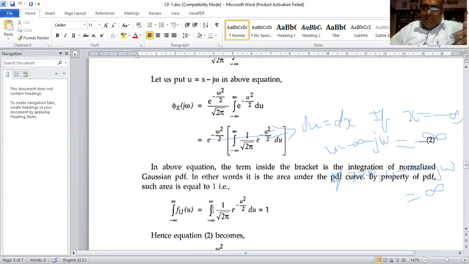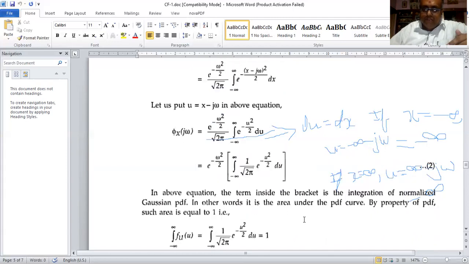It means the integral from minus infinity to plus infinity of 1 by root 2 pi e to the power of minus u squared by 2 du is equal to 1, because the term in the bracket corresponds to the integration of the normalized Gaussian PDF, and the area under the PDF curve is always equal to 1. So that's why this integral evaluates to 1. This is the integral including 1 by root 2 pi.